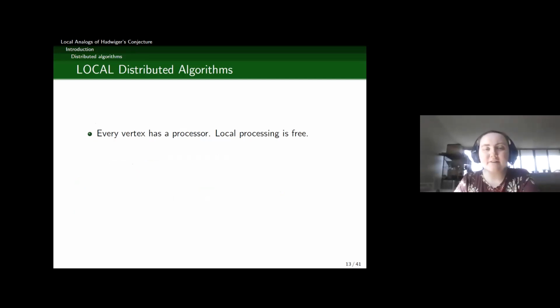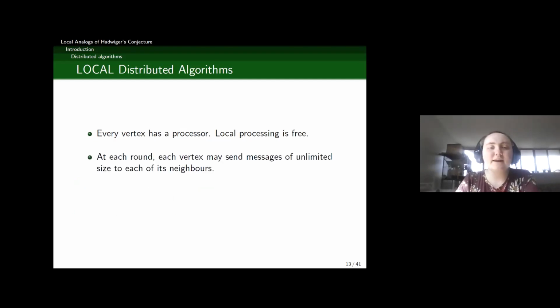In the local model of distributed algorithms, every vertex has a processor, and processing on that processor is free. Your time factor is communication. Every round, each vertex can send messages of unlimited size to each of its neighbors. And then the complexity is just the number of rounds of communication that are required.